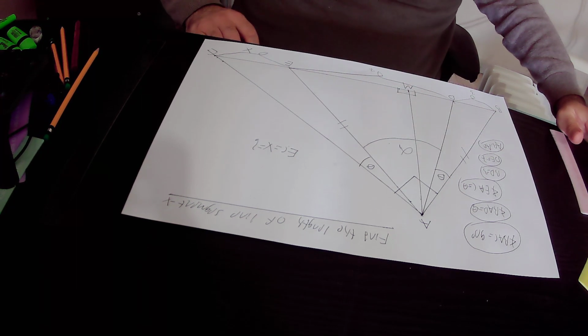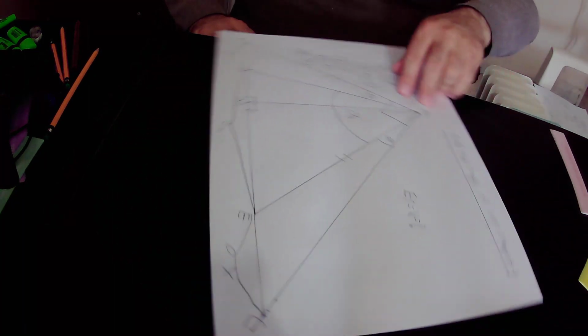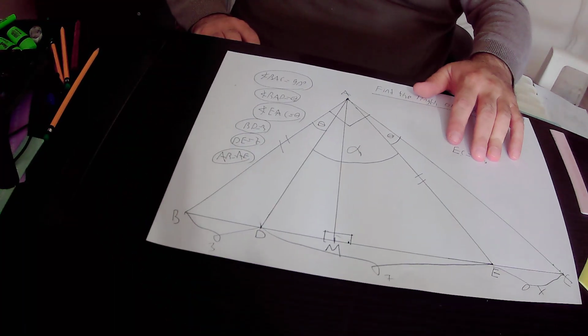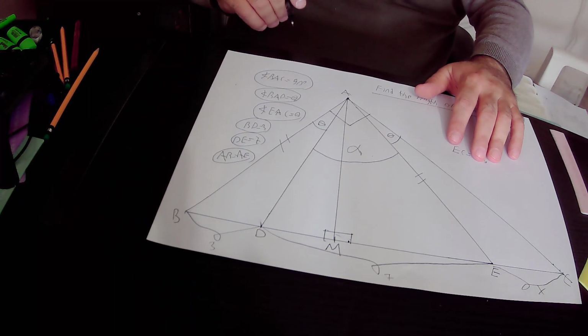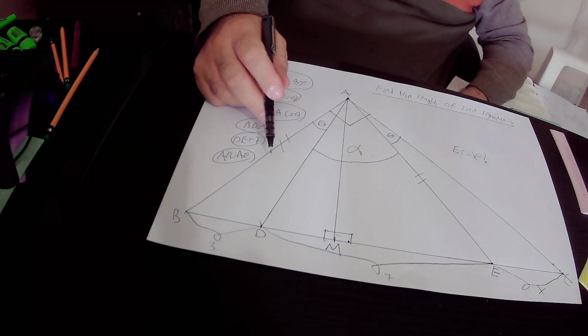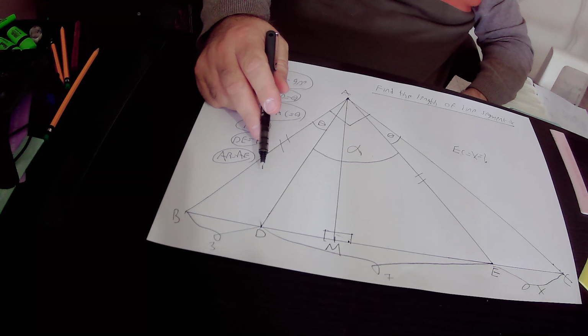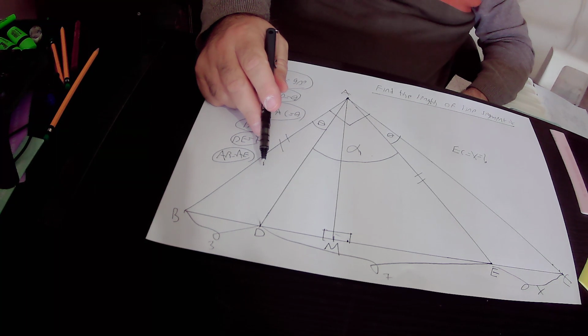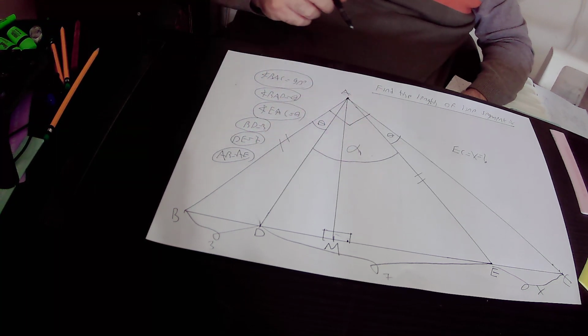And in the next step, we'll calculate the area of triangle ABD, and we divide this area of triangle ABD by the area of triangle ADE.